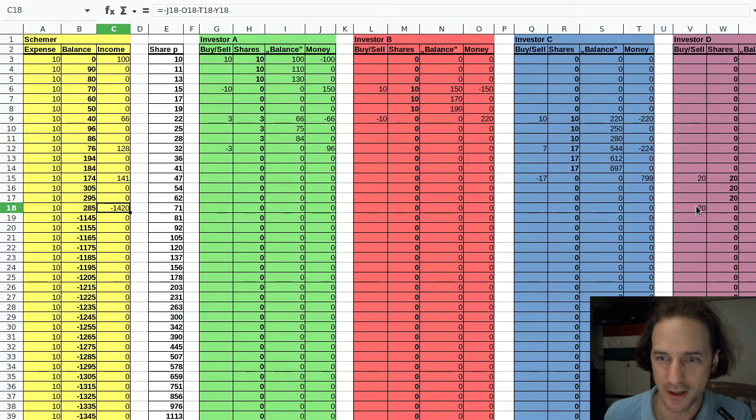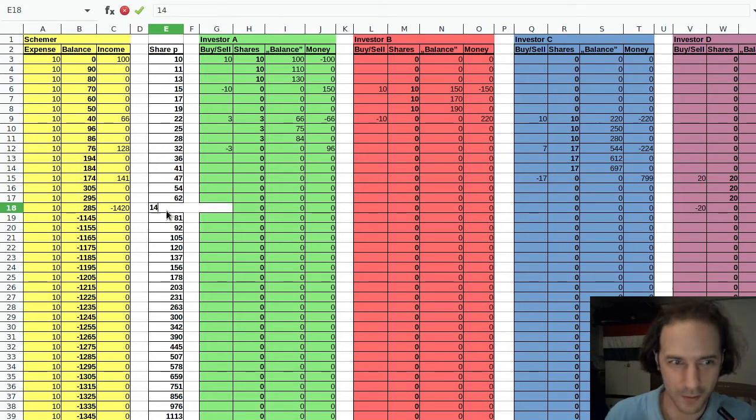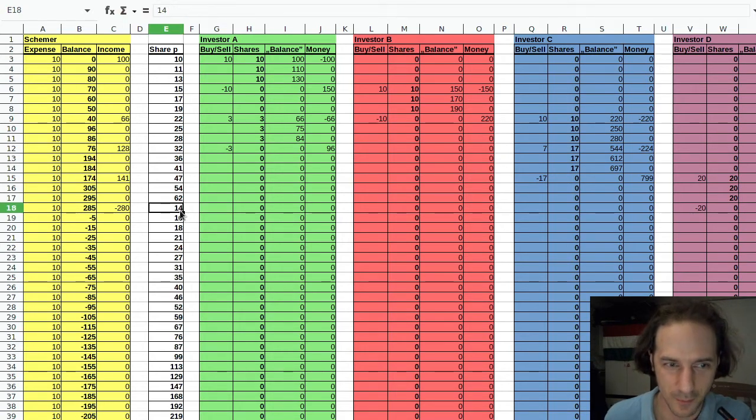285, which would mean that my share price, so I have to divide it by 20. So that will be 14. So my share price would go back to 14. In that case, or 13, I can pay them back.